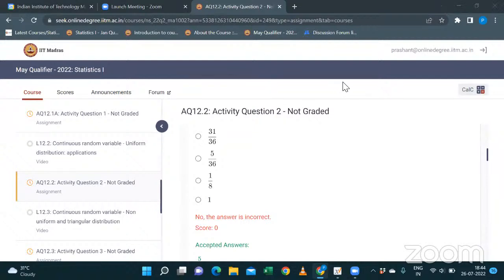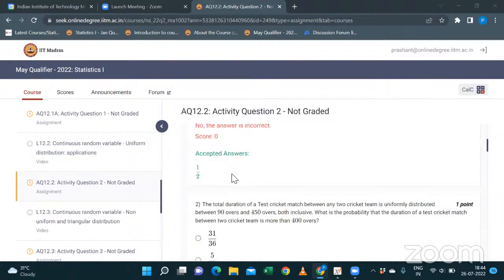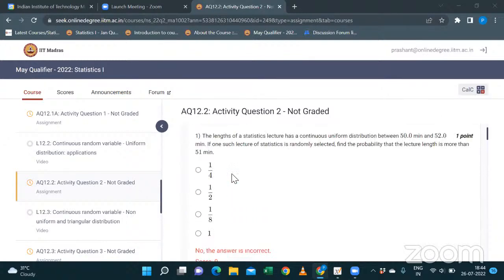Okay. Meanwhile, anybody else? Sasi has raised his hand. Sasi, do you have any doubt? Who has doubt regarding the week 12 activity or practice?